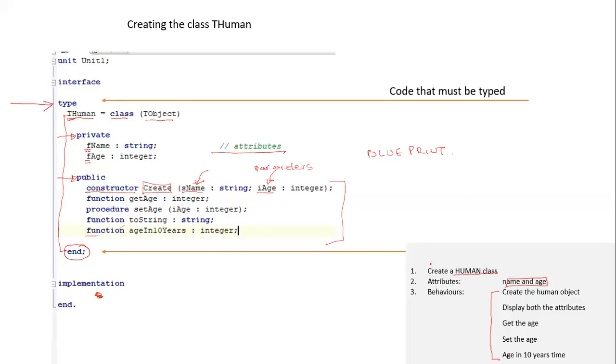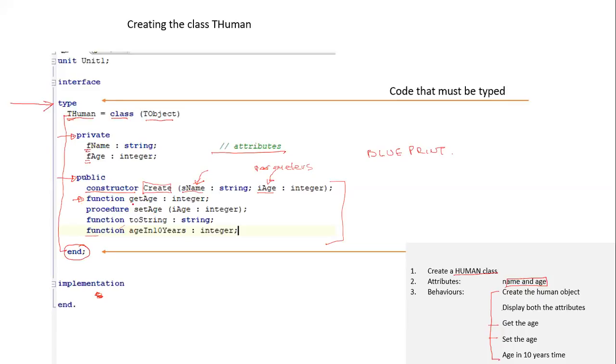The next aspect we wanted to display, we wanted to get the age and set the age. Let's sort those two out. Get the age allows us to display the particular attribute. So in this case, all our gets, we write them as functions. Functions return a value. They can only return a single value.